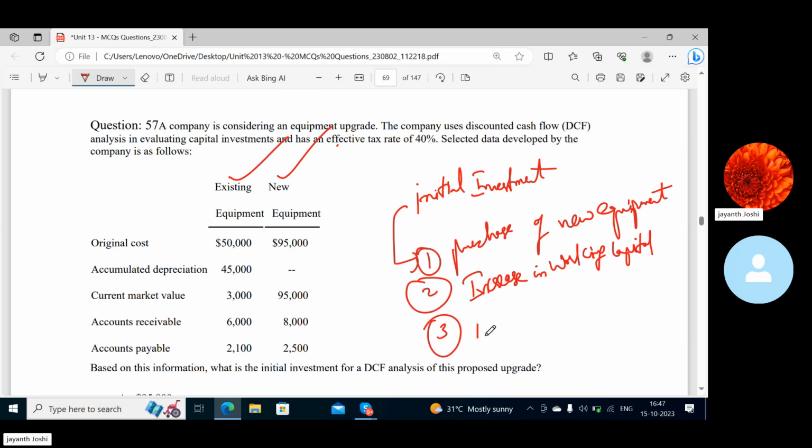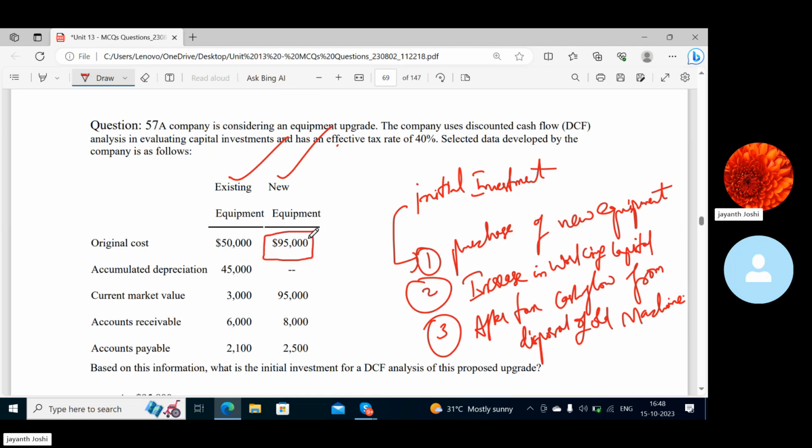So after tax cash flow from disposal of old machine. These three things you need to consider. So the first one here would be the purchase of new equipment. Is it right? Yes.